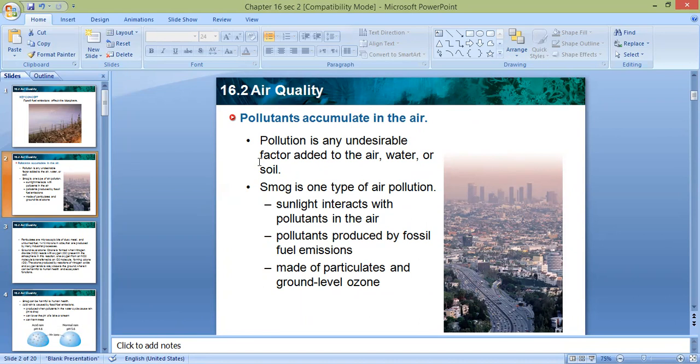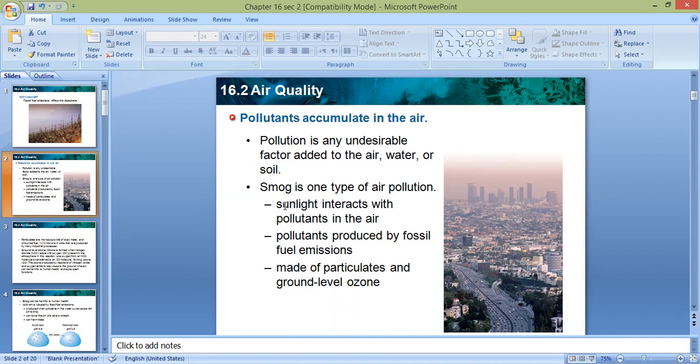Pollutants in the air, when they interact with the sun, give me this smog, as you see here in the picture. And what causes the smog is fossil fuel emission. Burning of fossil fuels will emit gases and chemicals, and these interact with sunlight and make smog.